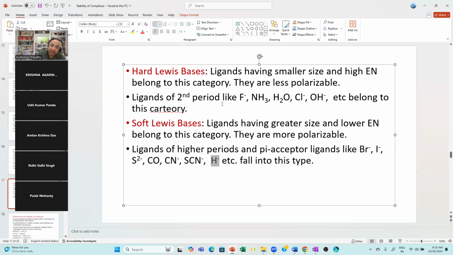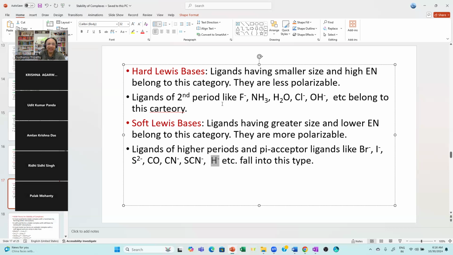And similarly, we talk about the metal ion. Think about acids. A hard metal ion, a hard Lewis acid, is one which is smaller in size, with high charge, so that it has high polarizing power.